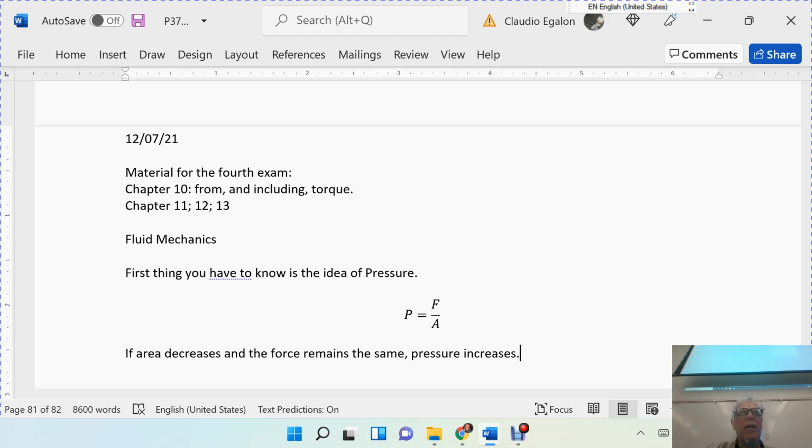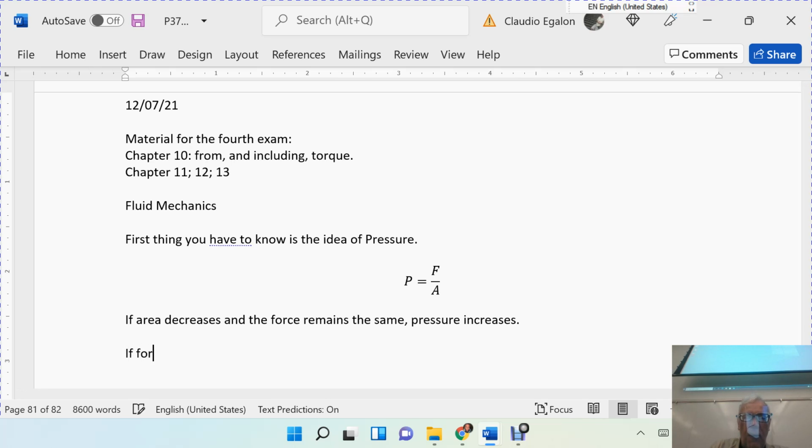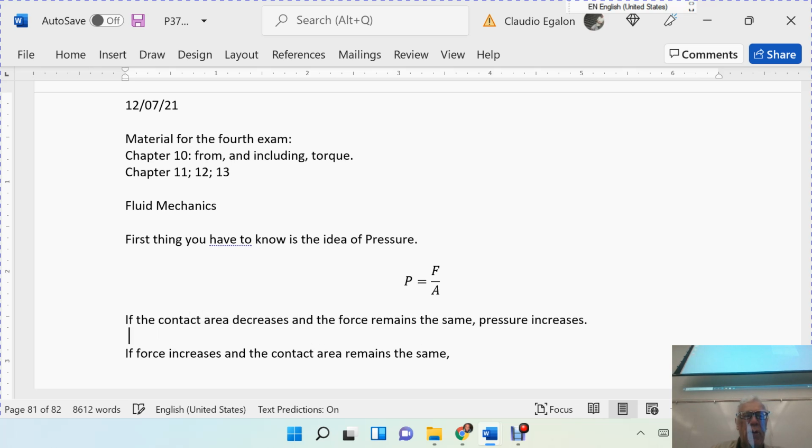So if force increases and the contact area remains the same, what happens to the pressure? It also increases.